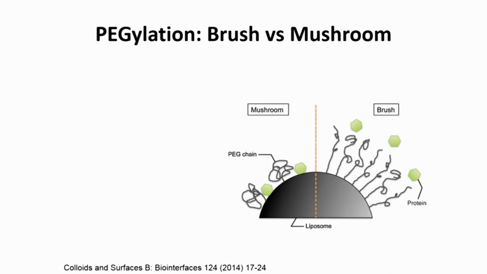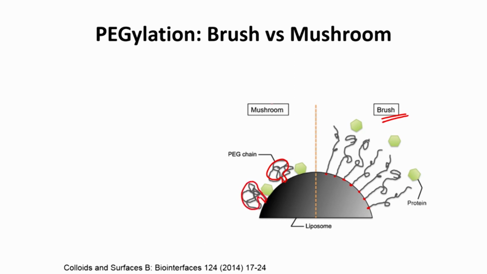And then pegylation on a bigger particle like a liposome can be of a varying degree, right. You can have pegylation which is done very close together, at very high density, and this results in a sort of linear structure of the PEG, which is called a brush conformation. Or you can have PEG very far apart, such that the PEG collapses and forms a mushroom-like structure.